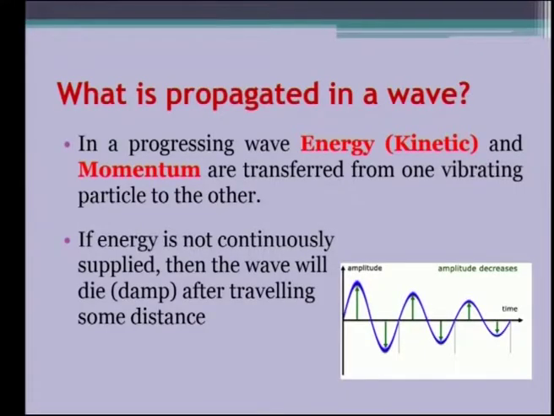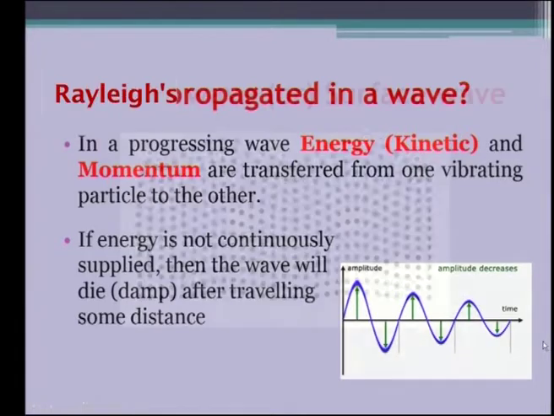And this is also one concept we should understand. In a progressive wave, energy, kinetic energy and momentum are transferred from one vibrating particle to the other. If energy is not continuously supplied, the wave will damp or die after travelling some distance. So, this also is represented here, the wave damps after travelling some distance.